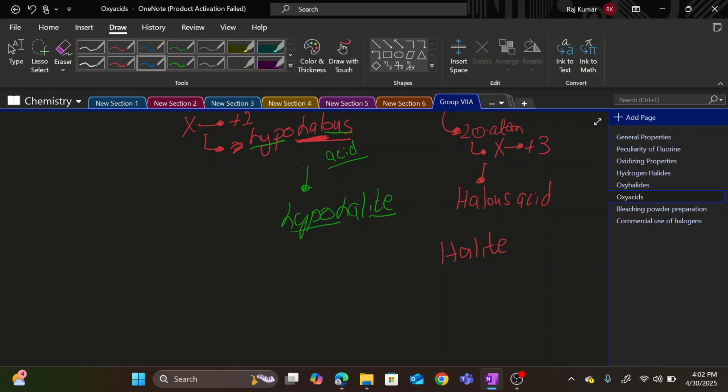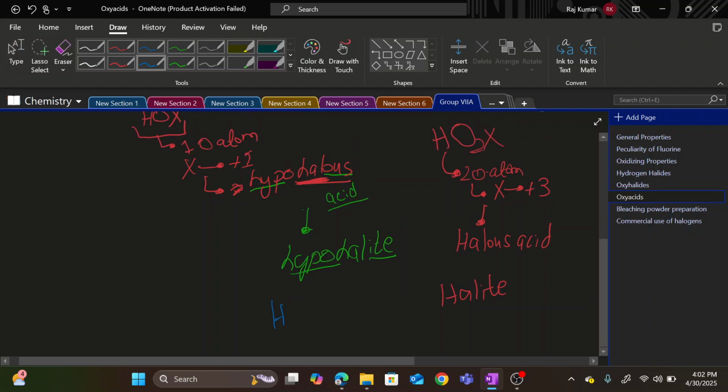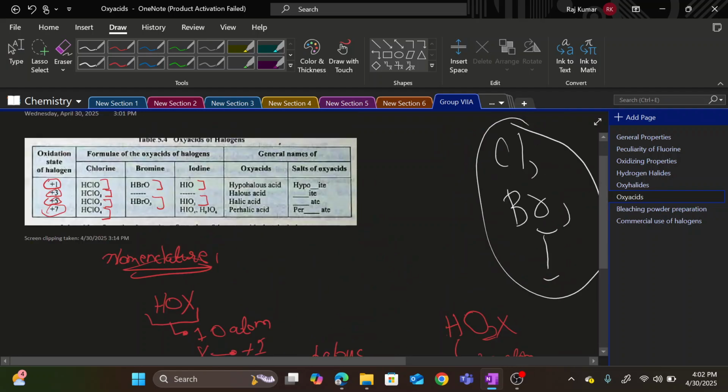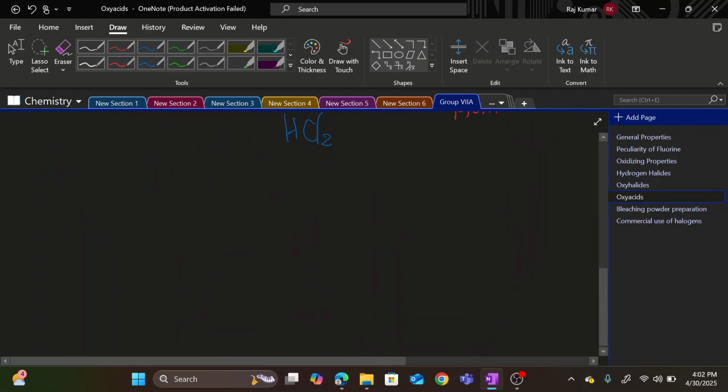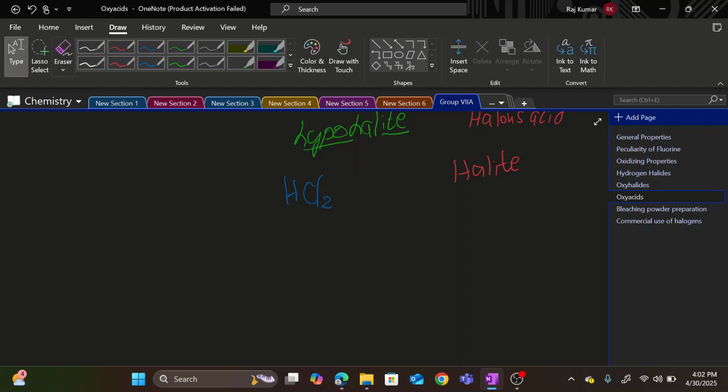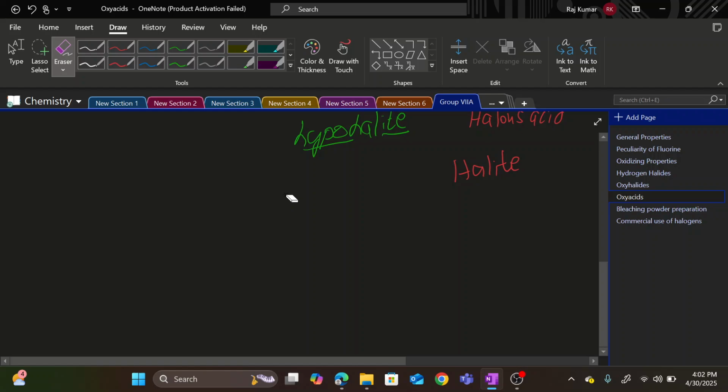Now, another important thing, if there are three oxygen atoms, then the oxidation state would be plus 5.